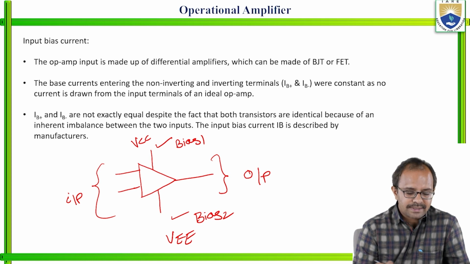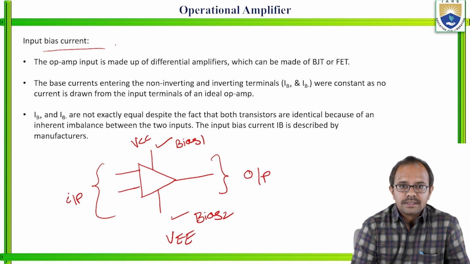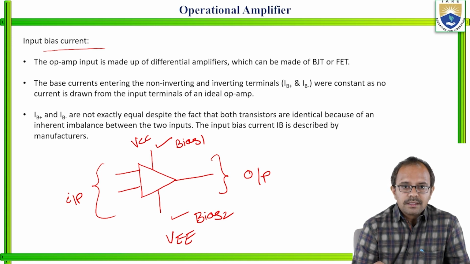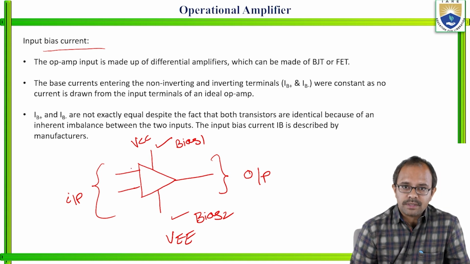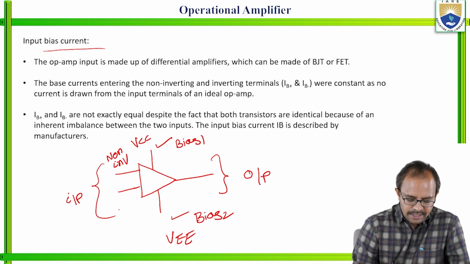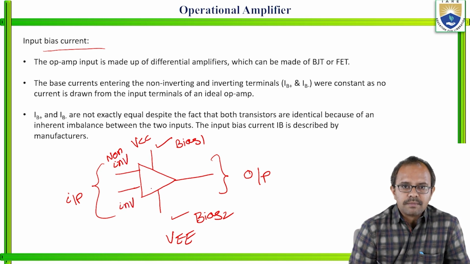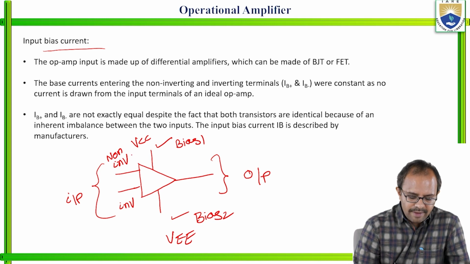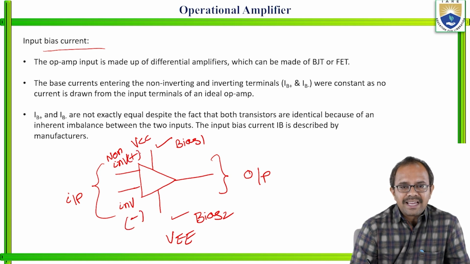Now here, where is the focus for bias current? I am talking about the bias current. I said this is the input bias current. Since the operational amplifier has 2 input terminals, what are the 2 terminals? We can say the non-inverting terminal, and the other terminal is the inverting terminal. Non-inverting means this is carrying plus V, and this is carrying some negative. That is, the non-inverting terminal will carry a signal with positive polarity, and the inverting terminal will carry a signal with negative polarity.